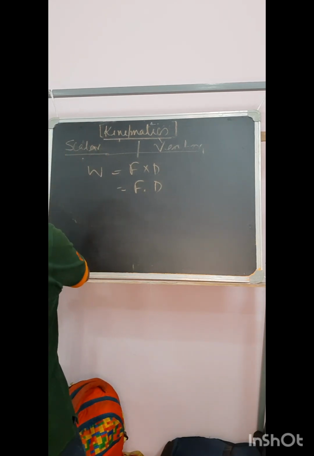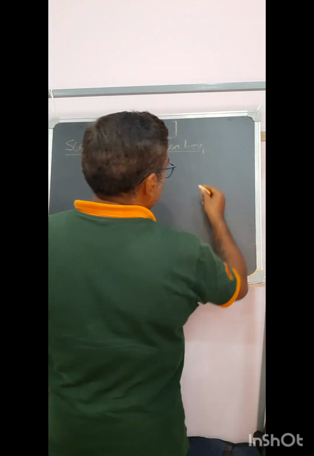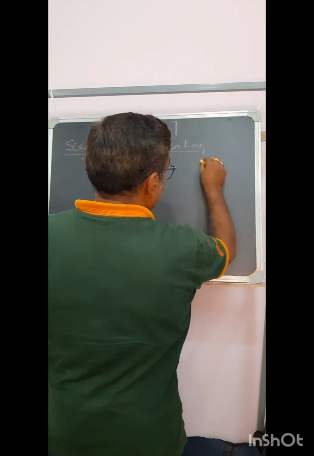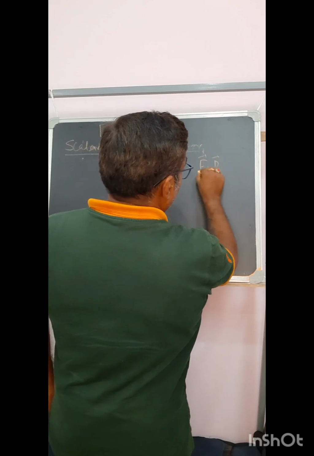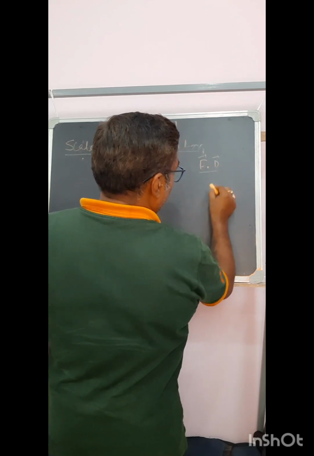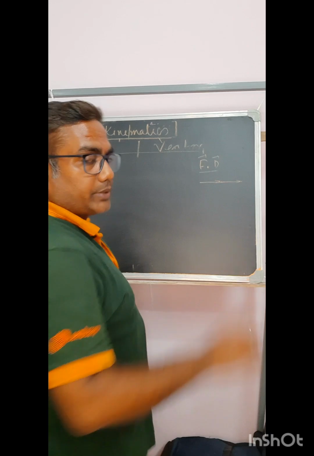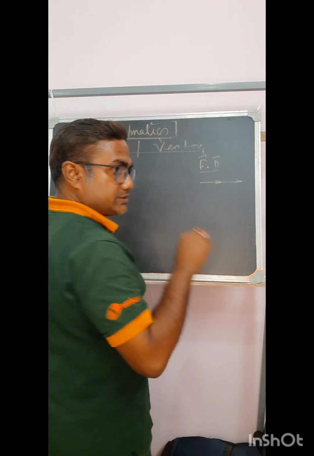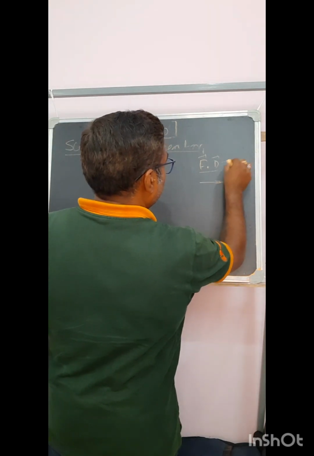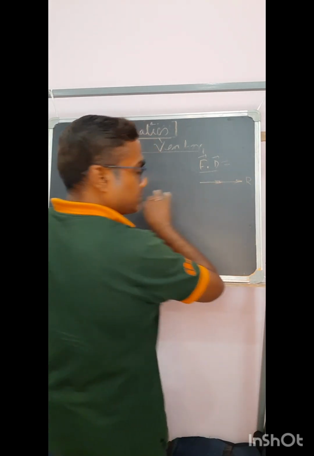This will be taught in higher classes 11 and 12, but as of now just remember: when the vectors act in a linear path in the same direction, the resultant also follows the same direction.